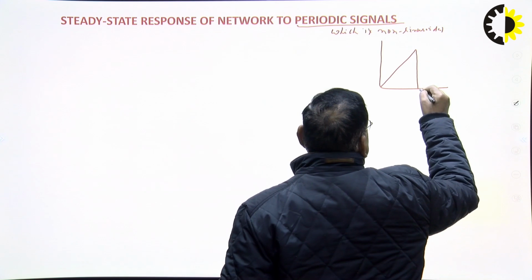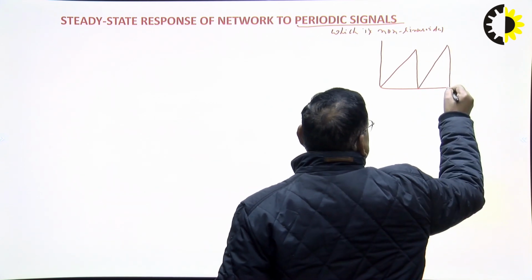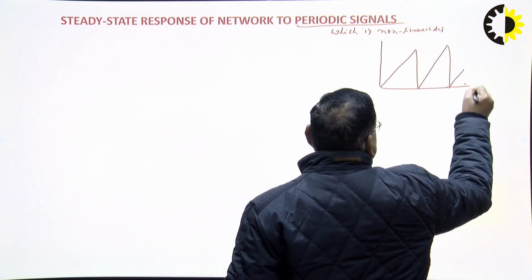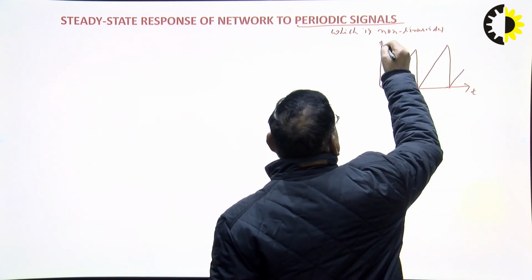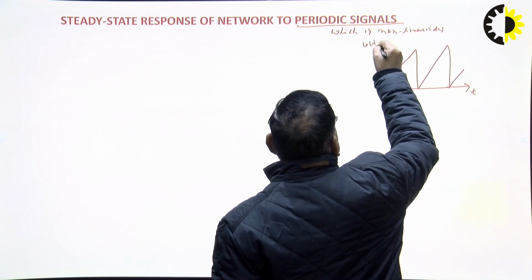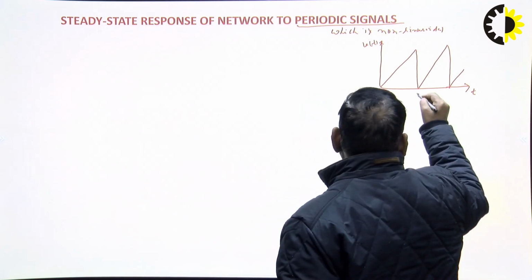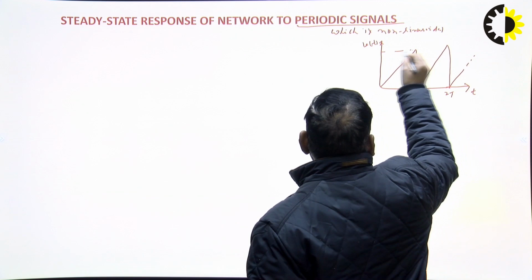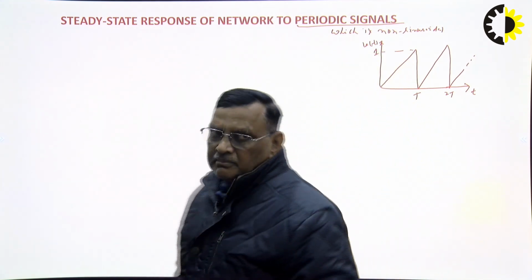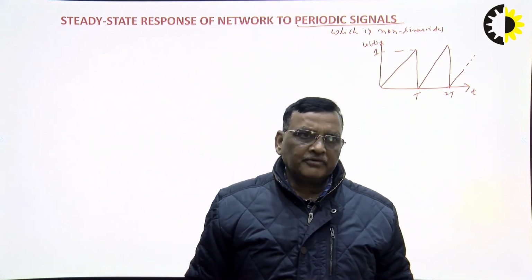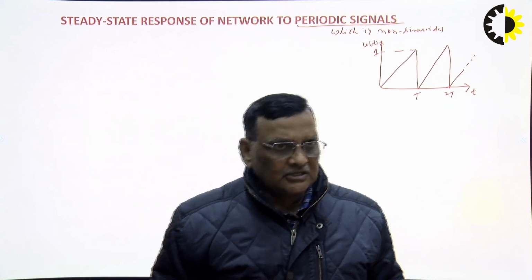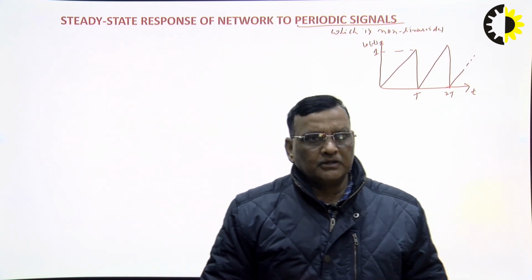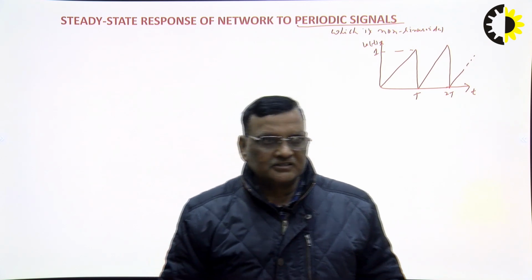If your input is like this, suppose this is your Vt, with period T, 2T, and some amplitude. So when the input signal is periodic but non-sinusoidal, how do we get the steady state response?